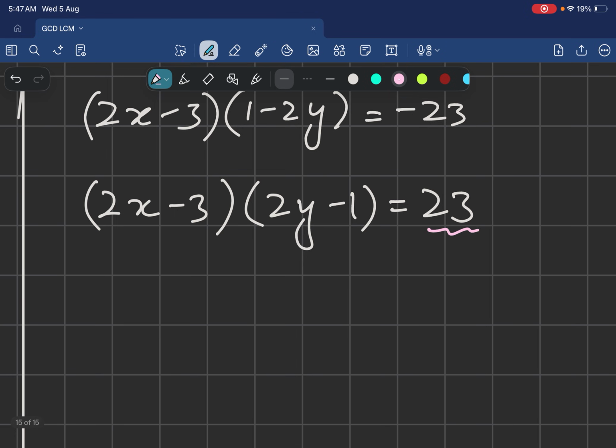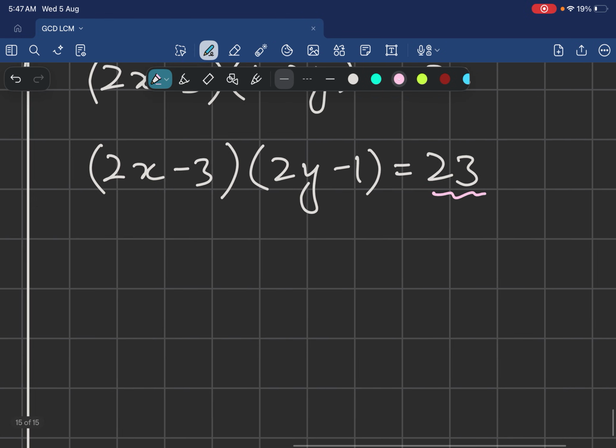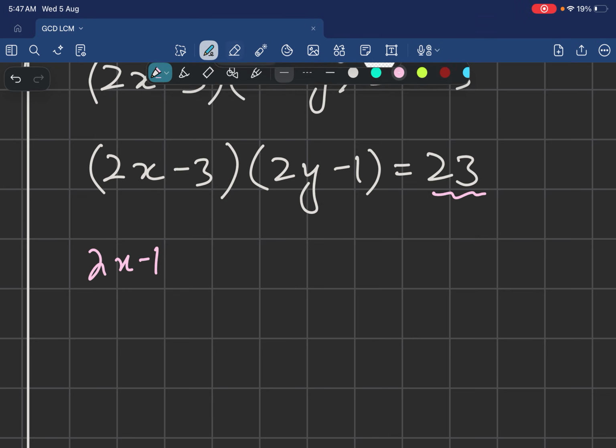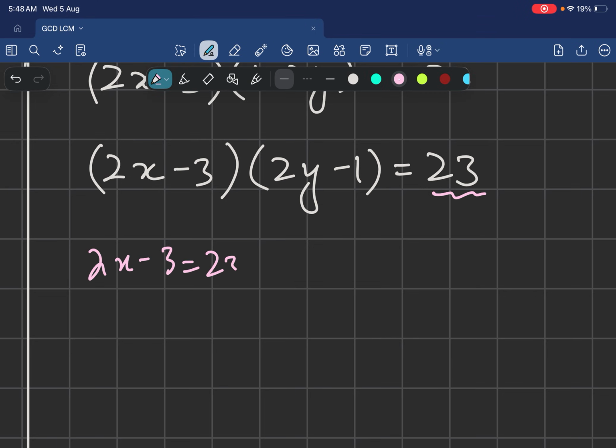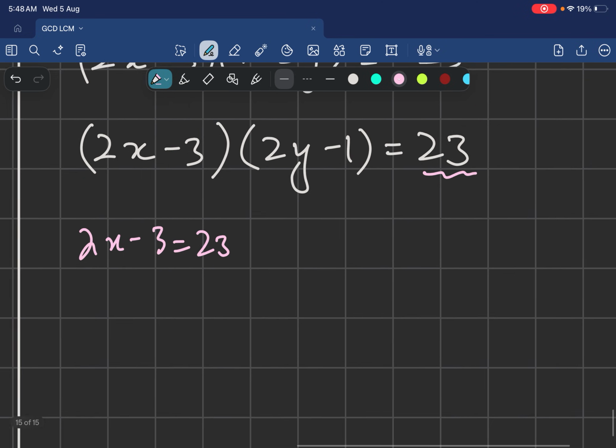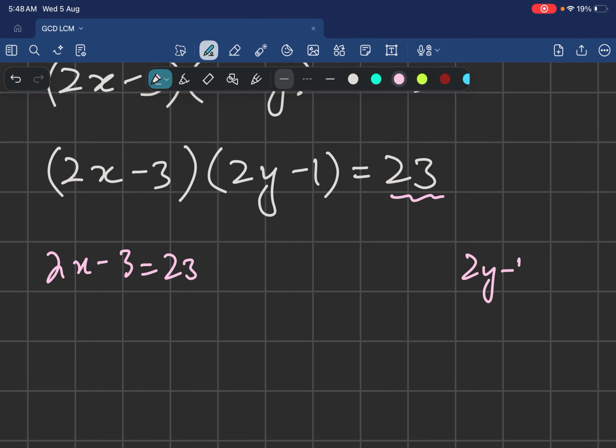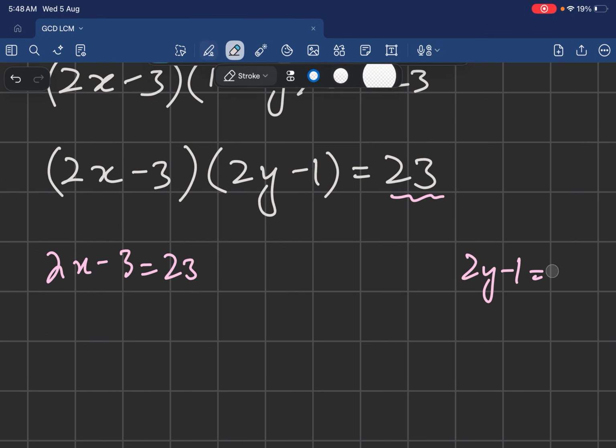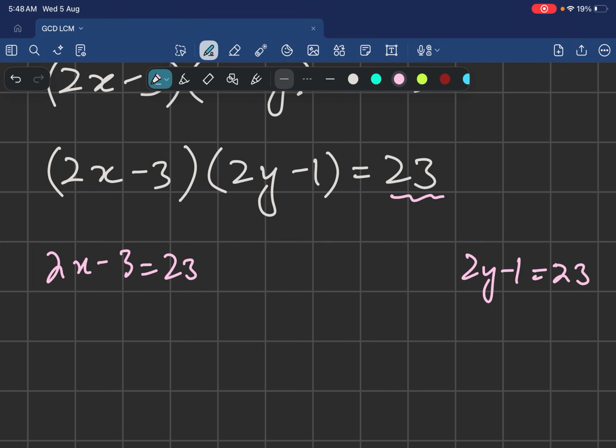So yeah, we have got these two factors, and we do know that 23 is a prime number. So the only two cases it could be are either 2x minus 3 is equal to 23, or 2y minus 1 is equal to 23. So there could be only two cases.